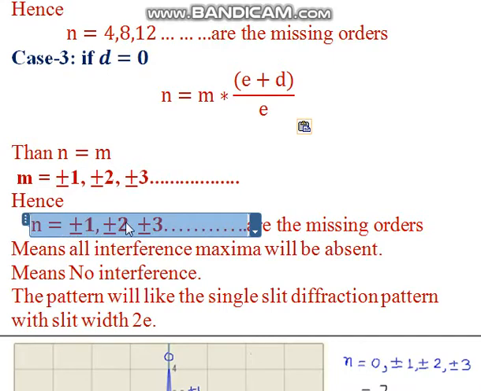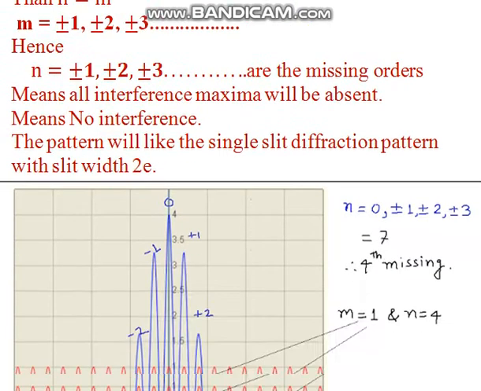That means all orders of the interference are going to be missed if you set up an experiment with d equal to 0. This is the single slit diffraction condition. So all interference maxima will be absent, meaning no interference, and the pattern will be like the single slit diffraction pattern with slit width 2e. These are some special cases.